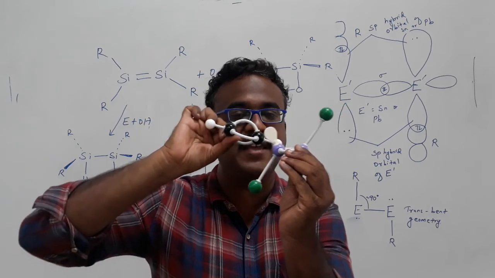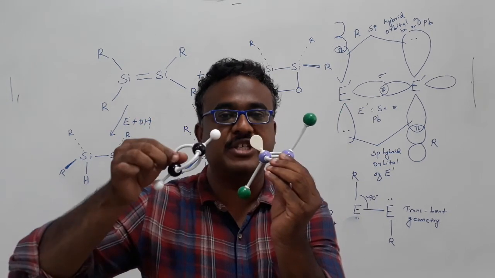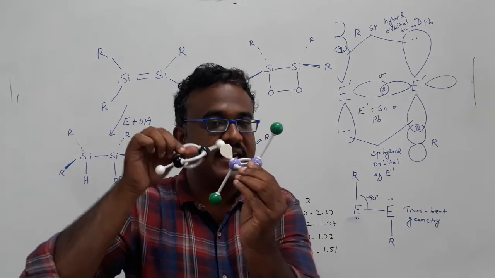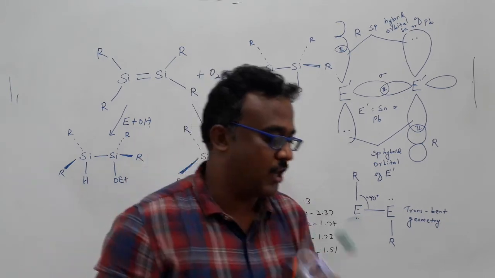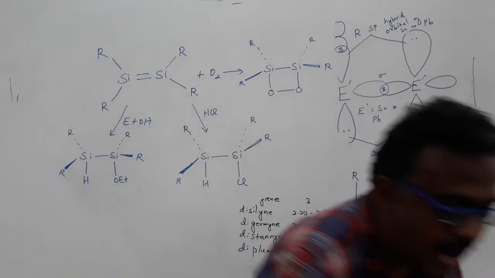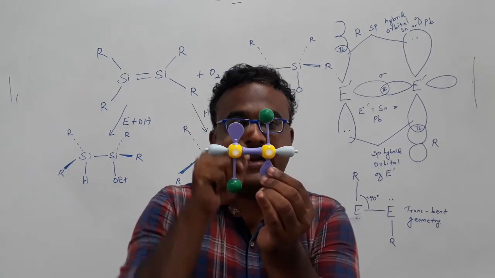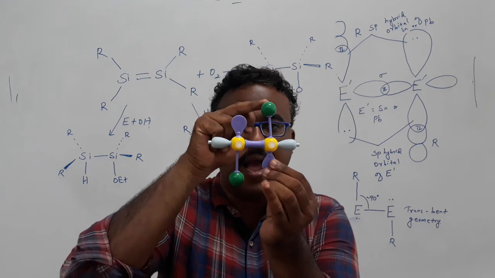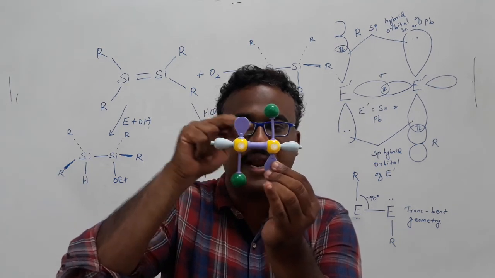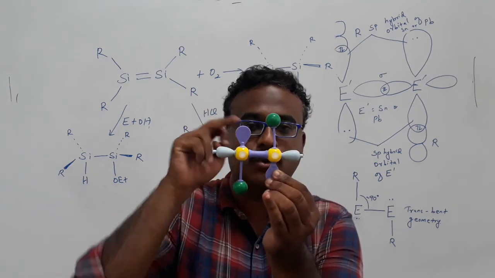When you substitute heavy elements, the geometry changes from linear to trans bent in the case of silicon and germanium substituted compounds. When you come to tin or lead substituted compounds, it is again a trans bent geometry, but with a bond angle closer to 90 degrees.